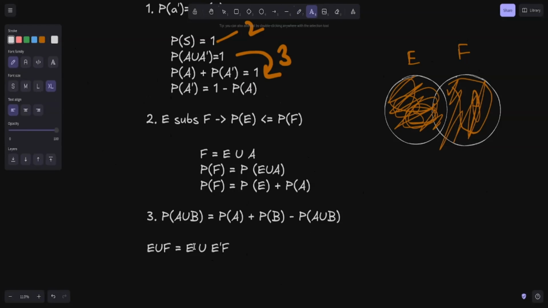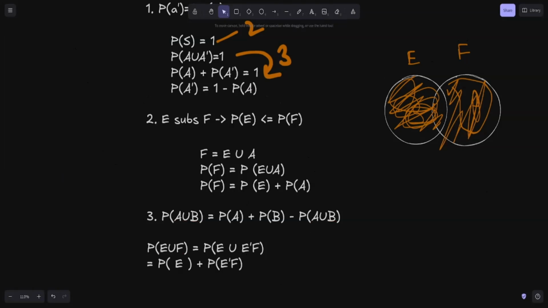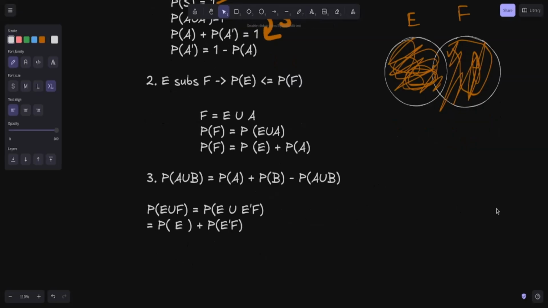So let's go further in the proof. What I can do is take the probability of both sides. Now I can write this as P of E plus P of E dash F, right? So this is a very good way of proving. Now can we say F is equal to EF union E dash F?